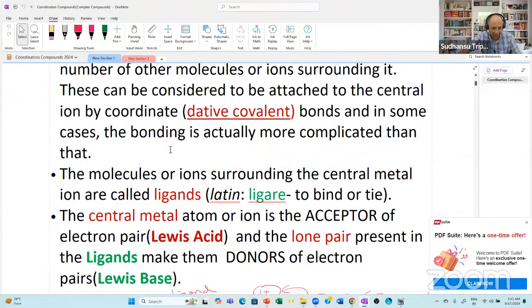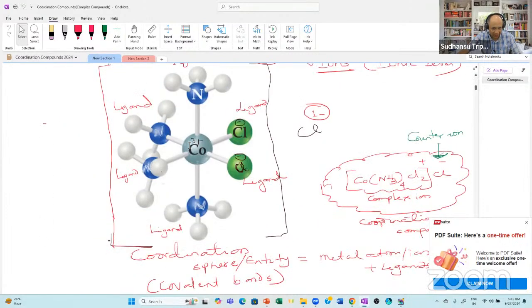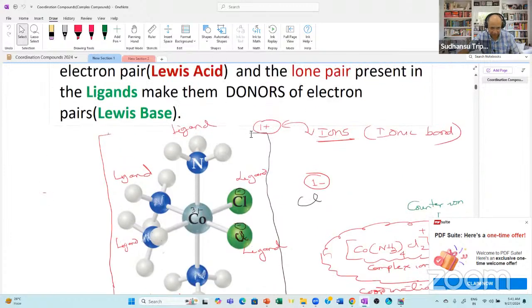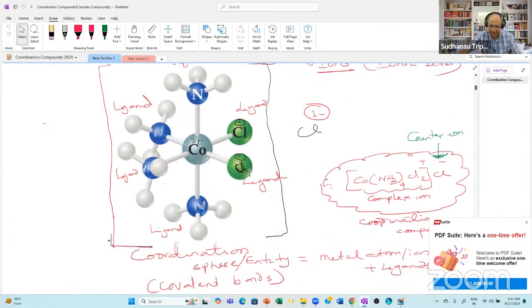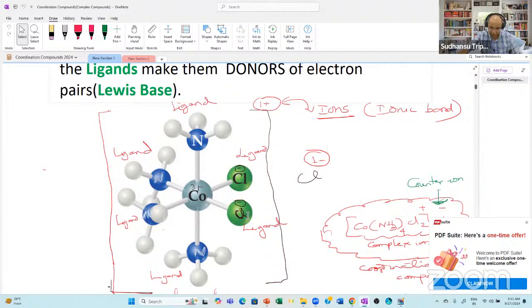We have already done that. Lewis acid, Lewis base concept. Cobalt 3 plus is sitting in the middle, and there are 4 ammonia sitting at 4 corners of an octahedron, and 2 chloride ions are sitting at the 2 other places. If they are close to each other, then it is the cis form, cis isomer. And what I have drawn here, I have copy-pasted, is a cis one.